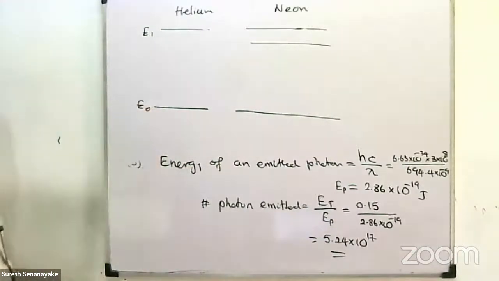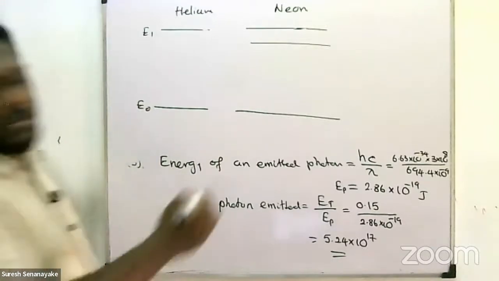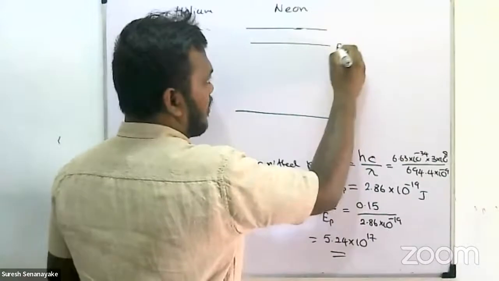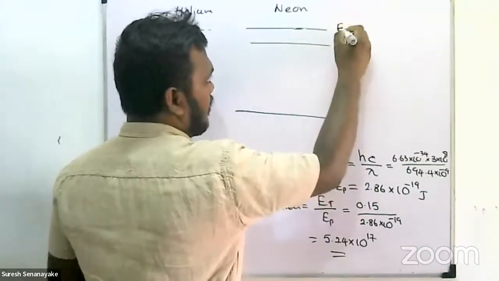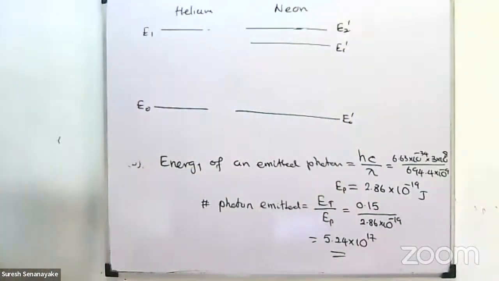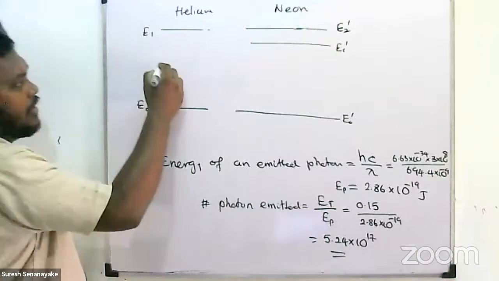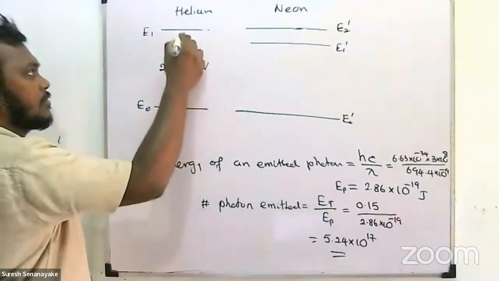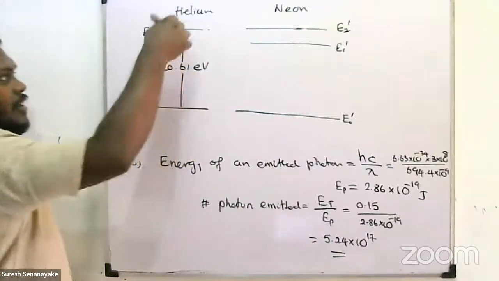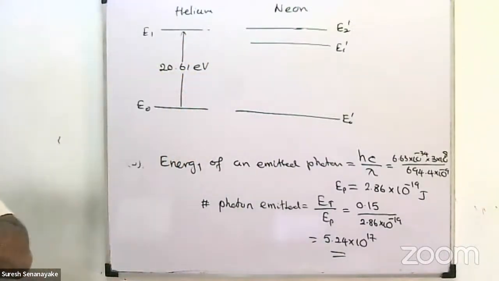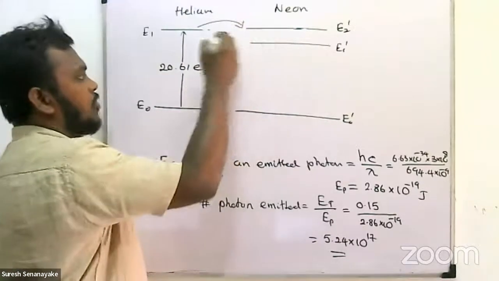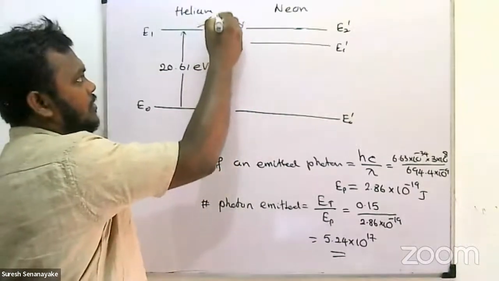On this side is E0 dash, E1 dash, E2 dash. This energy difference is 20.61 electron volts. Then the transition, thus due to the collision, the energy is contributed to the neon. It's by collision.